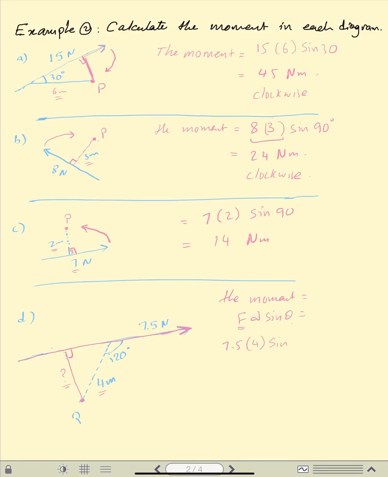But what is theta in this question? This angle, because the triangle is here, is 60, because these two angles are adjacent or supplementary angles on a straight line. So 180 minus 120 is 60.